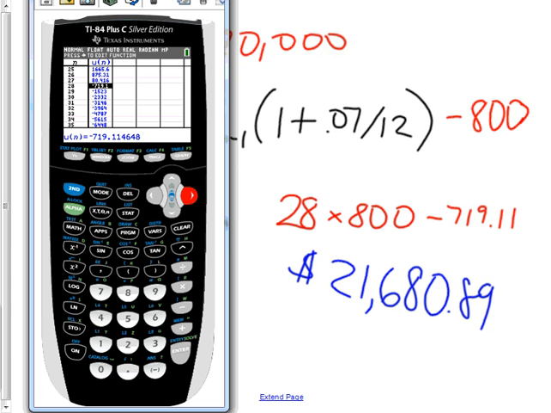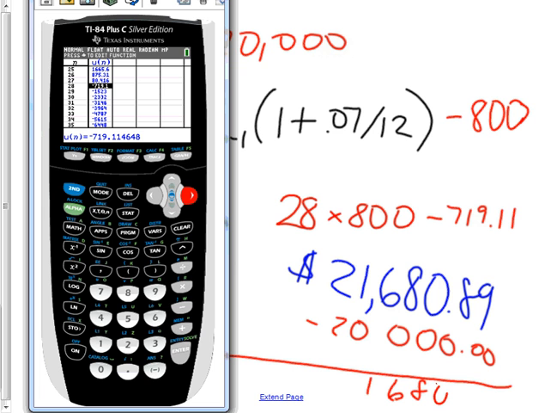When I subtract off the 20,000 I was originally planning to pay them back, the difference is the 1,680.89, and that's why the bankers can build their buildings and pay their employees and actually make a profit, because they take interest money from you.